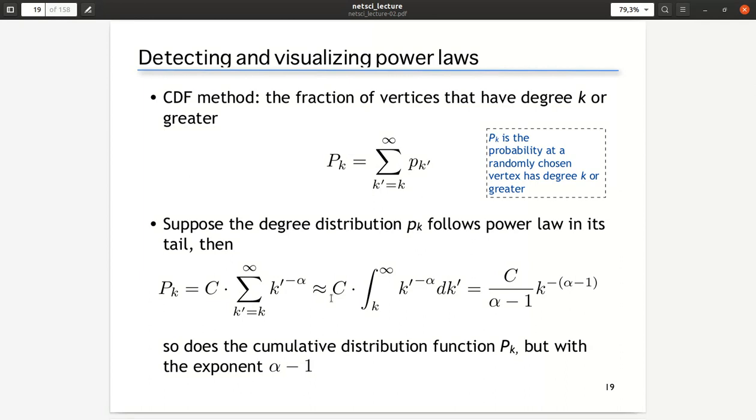And why we are doing this? Because for this kind of integral we have a closed formula, and that closed formula is k to the power of minus alpha minus 1 divided by alpha minus 1.